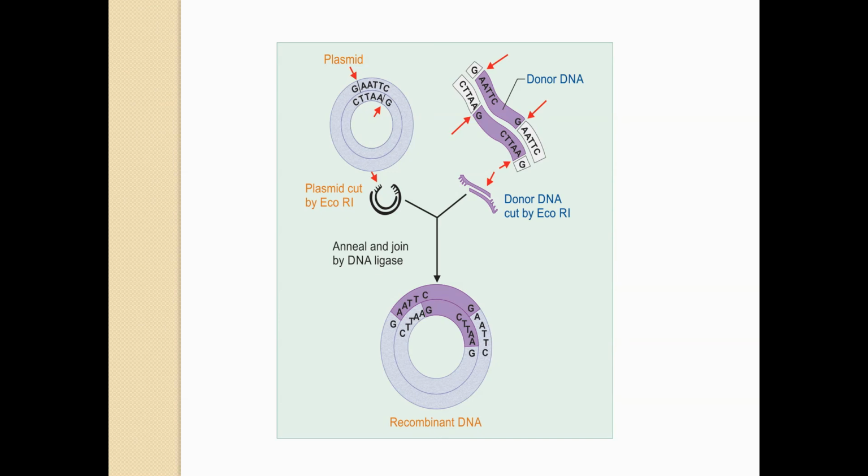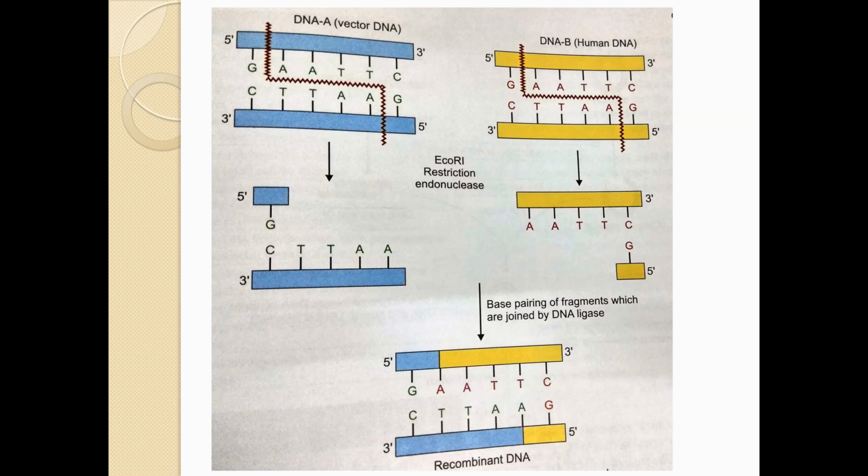But as we want a larger number of our interested product, we require multiplication of this chimeric DNA, and alone it cannot be multiplied. As prokaryotes have a faster growth rate than eukaryotes, we will transfer this chimeric DNA into prokaryotes like bacteria.